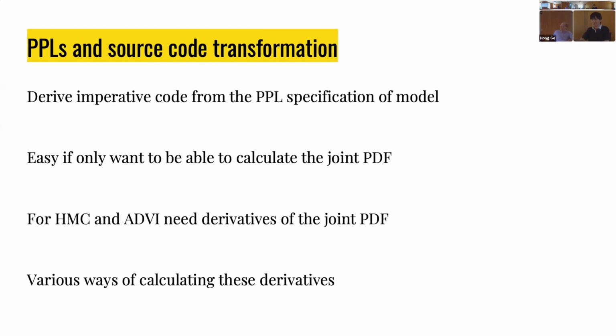This is extremely easy if all you need to do is calculate the joint PDF. For HMC, ADVI, you also need the derivatives. So that can be done. Stan does it very well. So I've been playing around, first of all, with how to write source code that will calculate the PDF, and then how to do the derivatives.